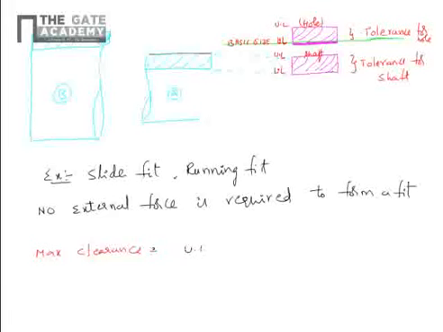So maximum clearance is upper limit of hole minus lower limit of shaft.